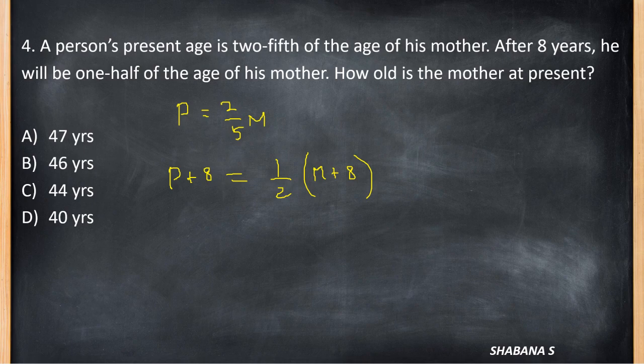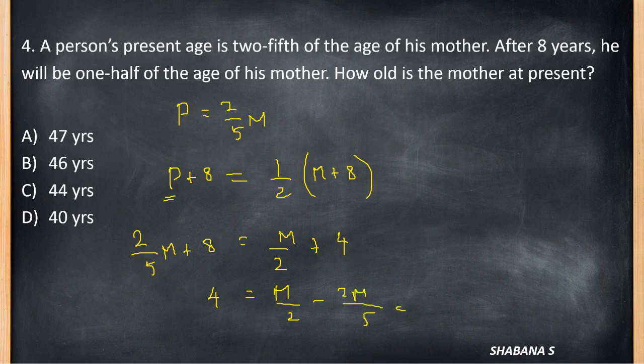So M is what you need to find. So since we are supposed to find M, we can take the value of P as 2 by 5 M. So I'll take 2 by 5 M plus 8 will be equal to, see, in the place of P, I'm just substituting 2 by 5 M. That's it. Will be equal to 1 by 2 of M plus 8, which is M by 2 plus 4. So we can bring this 4 to the side. So 8 minus 4 gives you 4, and M by 2 minus 2M by 5.